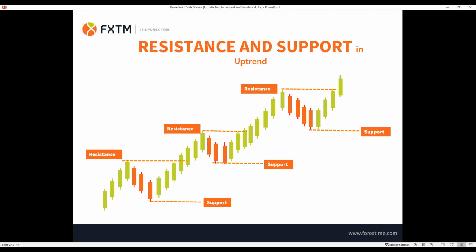As I said before, support and resistance break all the time. It's not strange, it's very common actually. Yes, excellent.